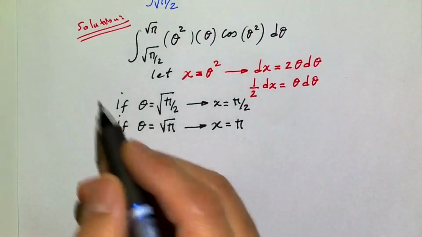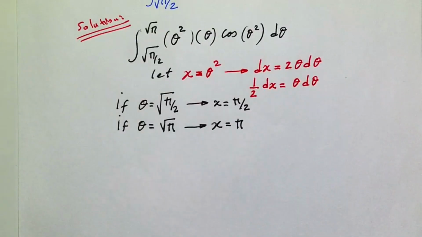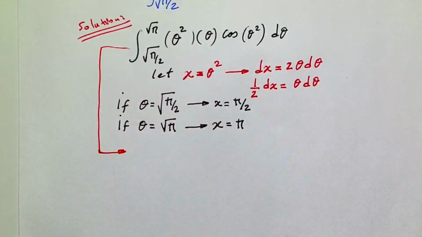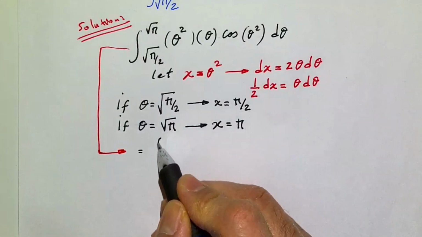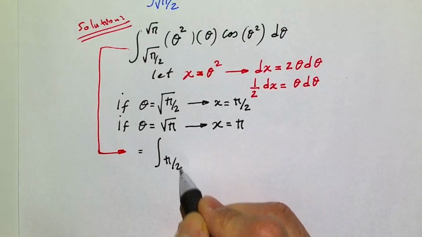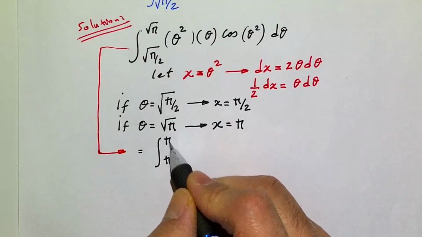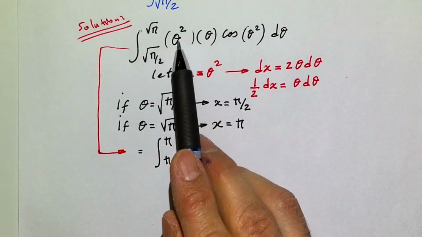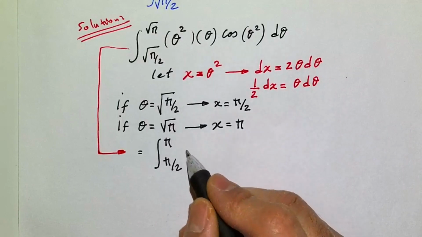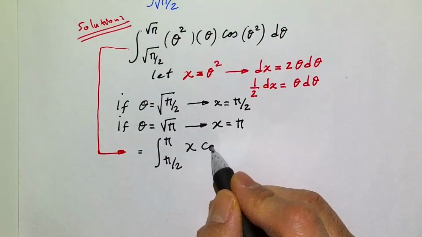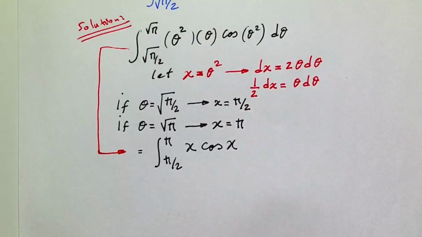After all this, we can substitute and we get this new integral with the lower limit going from pi over 2 to pi. Instead of theta squared, we have x, so cosine of theta squared becomes cosine of x.